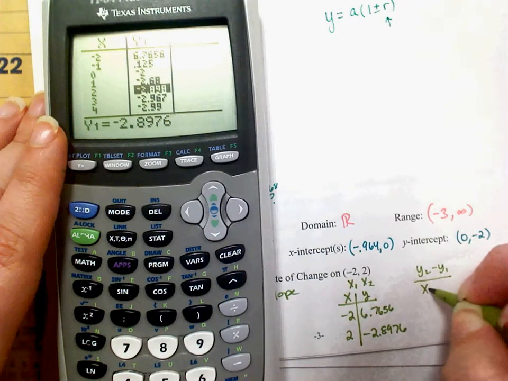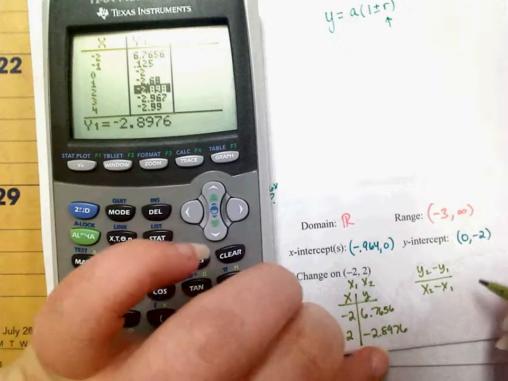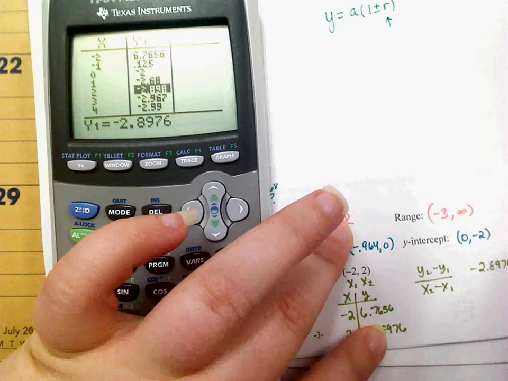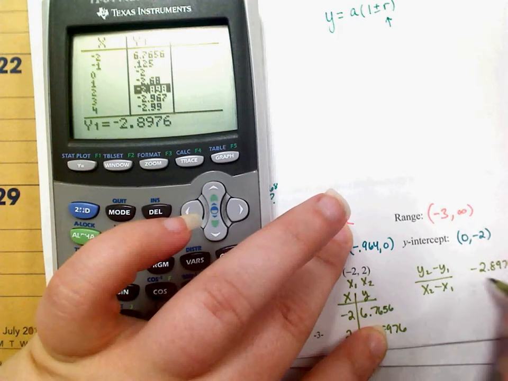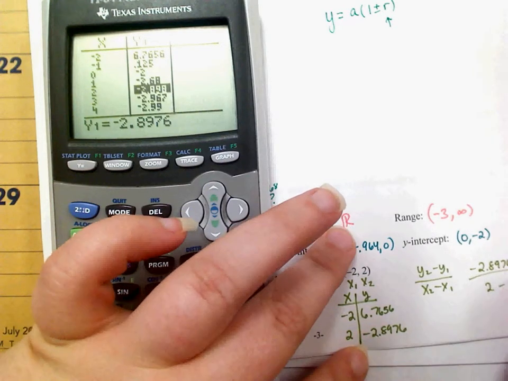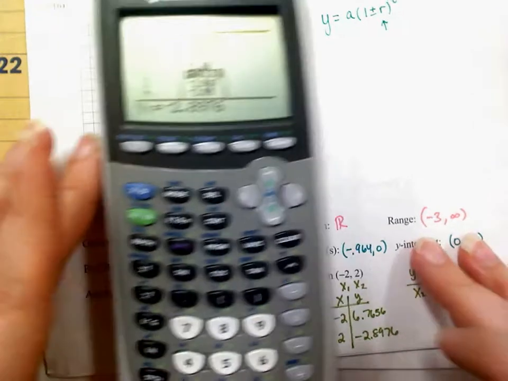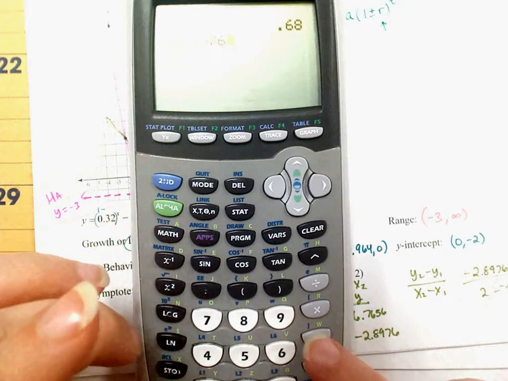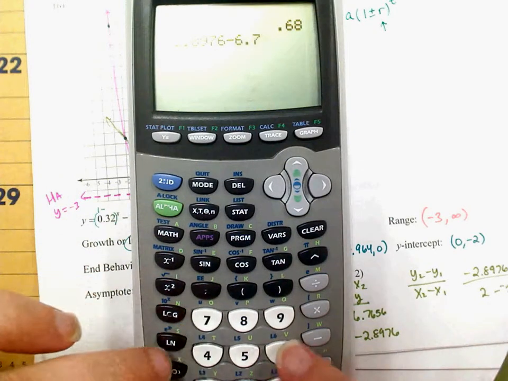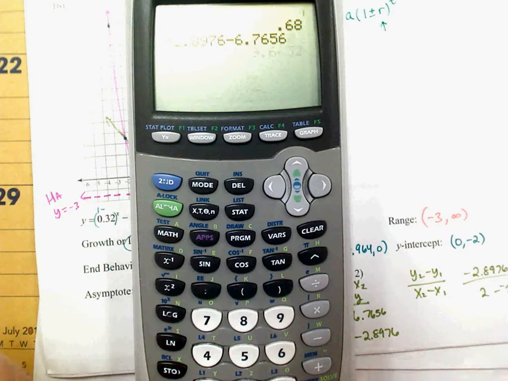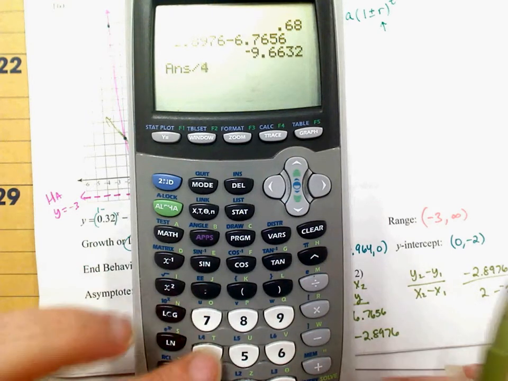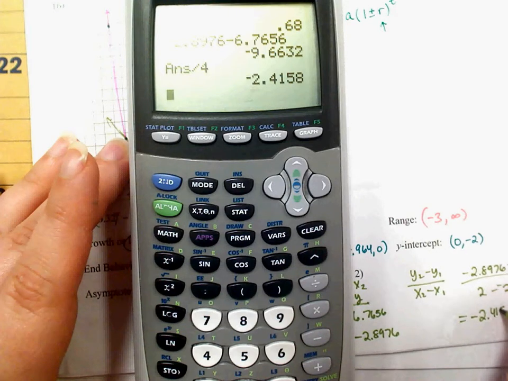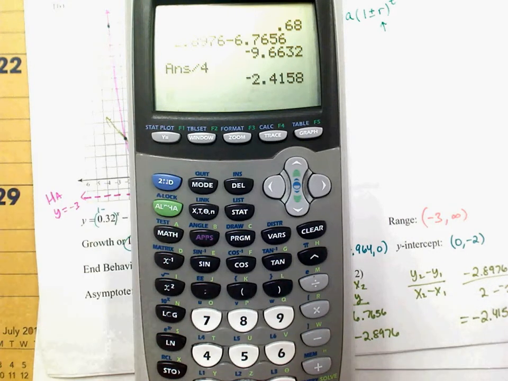So that is negative 2.8976 minus 6.7656 over 2 minus a negative 2. Oof, almost forgot. So negative 2.8976 minus 6.7656, and then divided by 4. And that is negative 2.4158, or negative 2.416. And that is the average rate of change. And that is page 3.